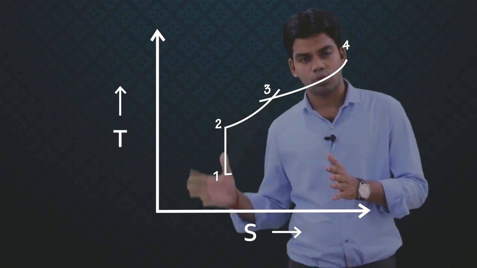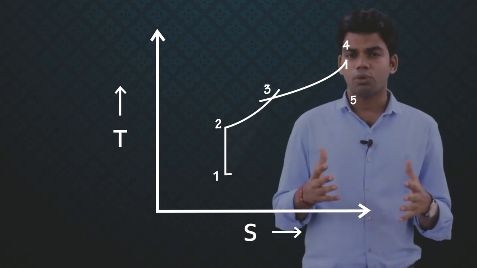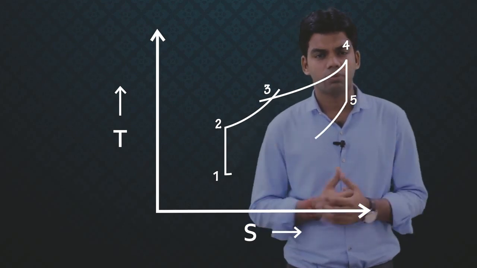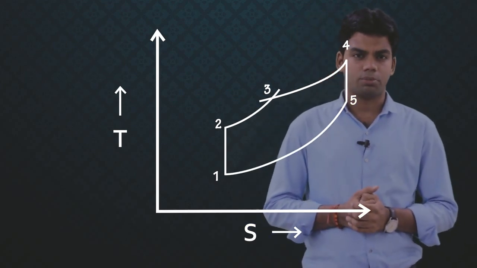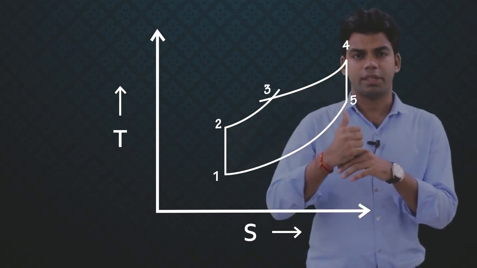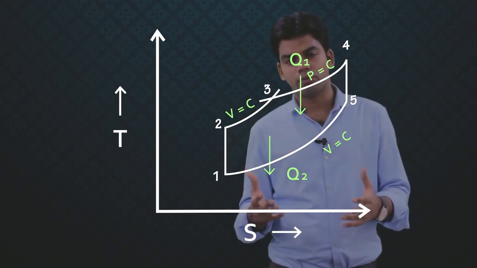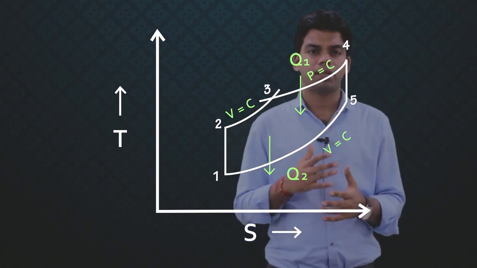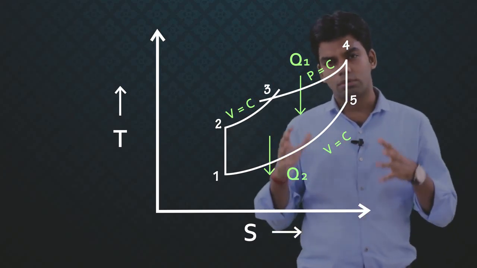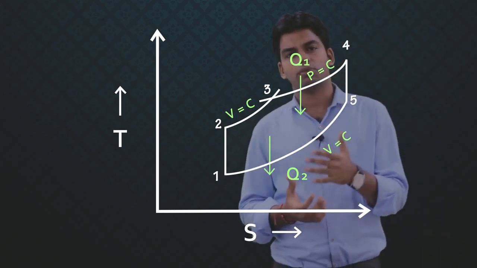Then 4-5 is again a reversible adiabatic expansion process, and 5-1 is a constant volume heat rejection process. This 5-1 curve will be parallel to the constant volume heat addition process. As I told you, the slope of the constant volume process is more as compared to constant pressure in the TS diagram. This is how the PV and TS diagrams of the dual cycle look.